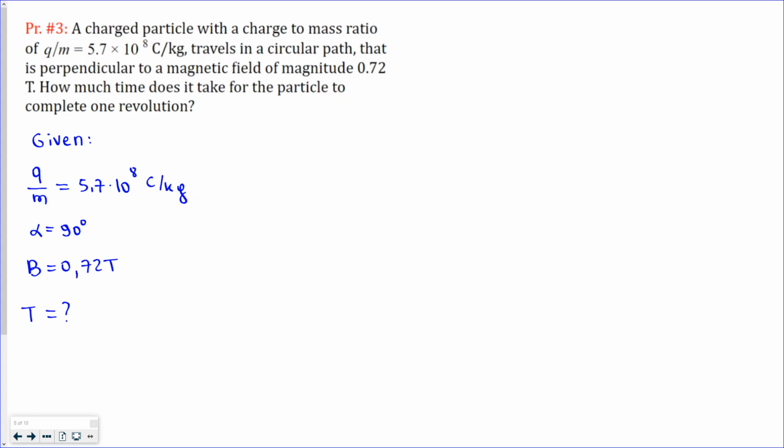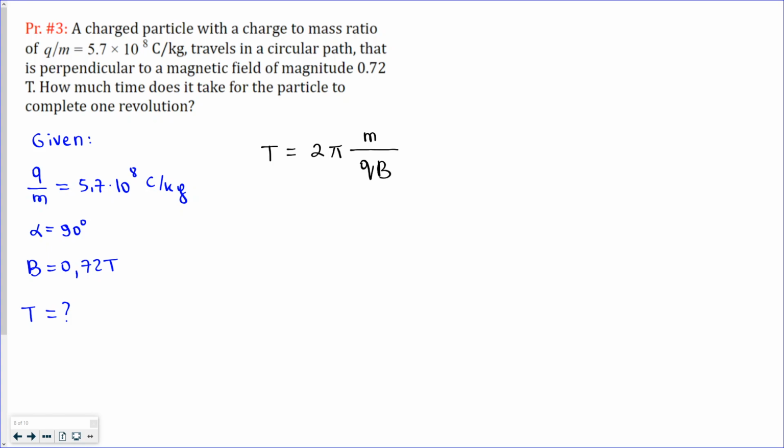Now let's use the known equation for the period. It is 2 pi m over qB, and we know everything here, but we don't know m over q.